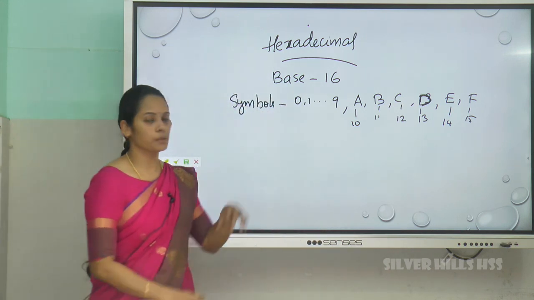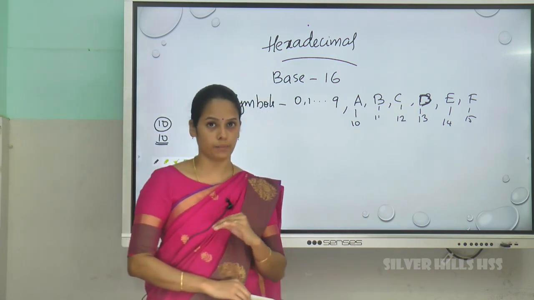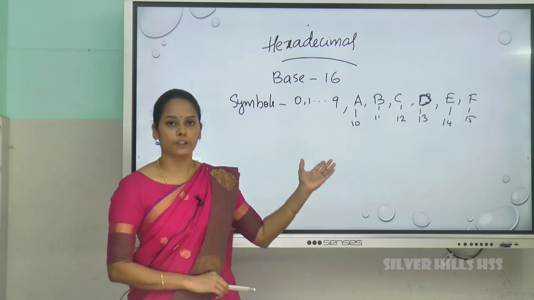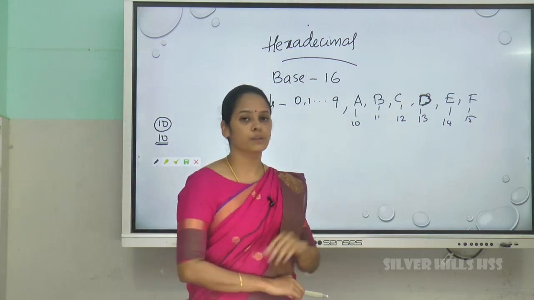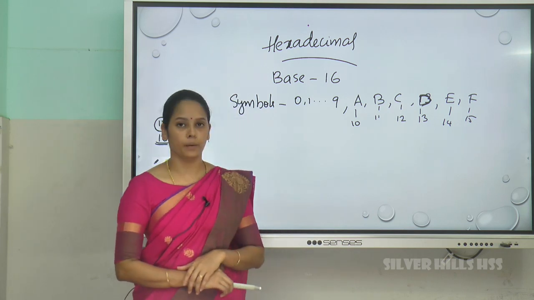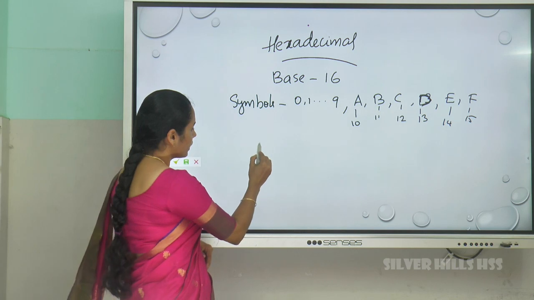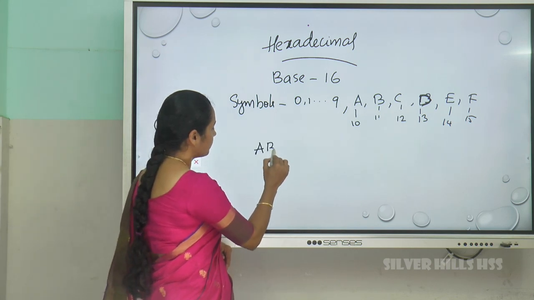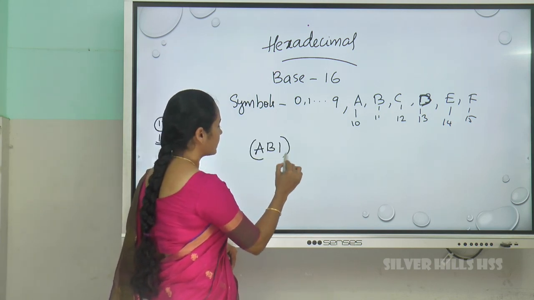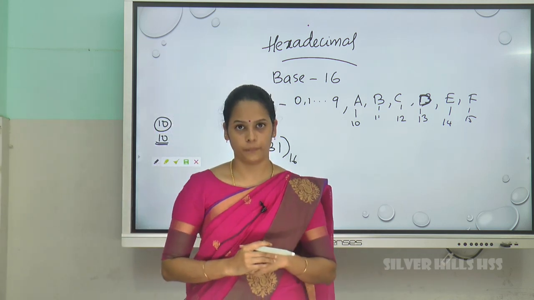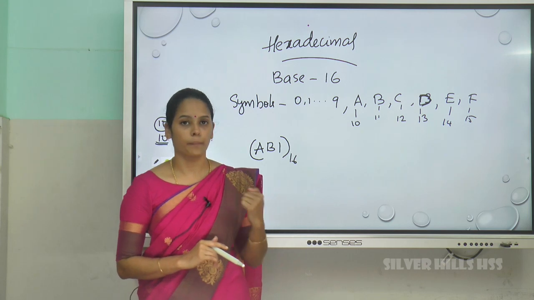So these are the symbols used inside the hexadecimal number system. 16 symbols are there, 0 to 9 and then A to F. And the base of that is 16. So I can represent the number AB1 base 16. This is an example of the hexadecimal number system.